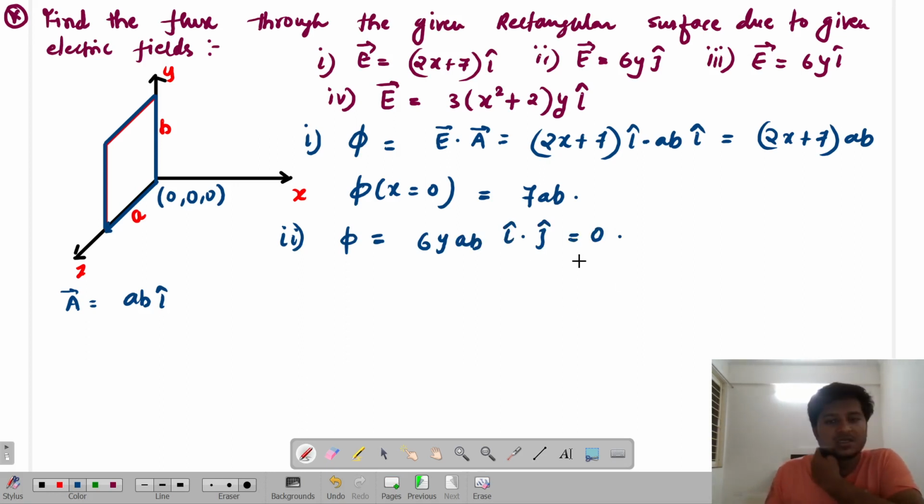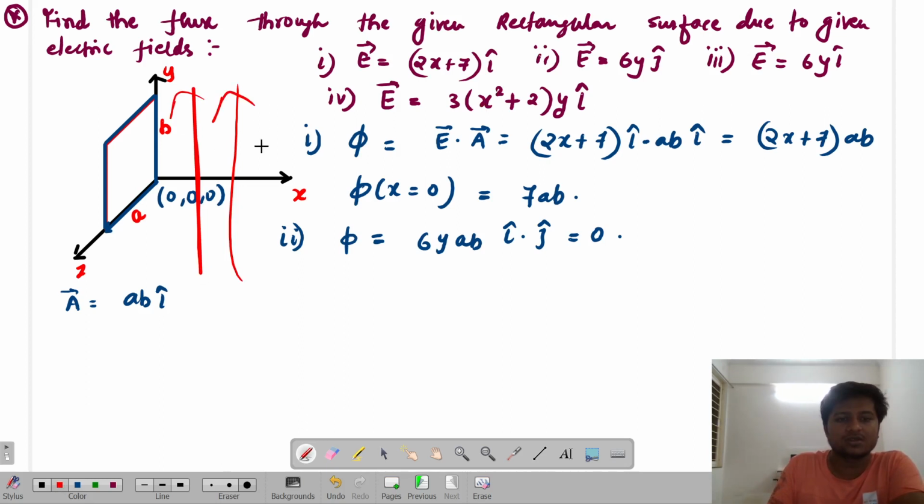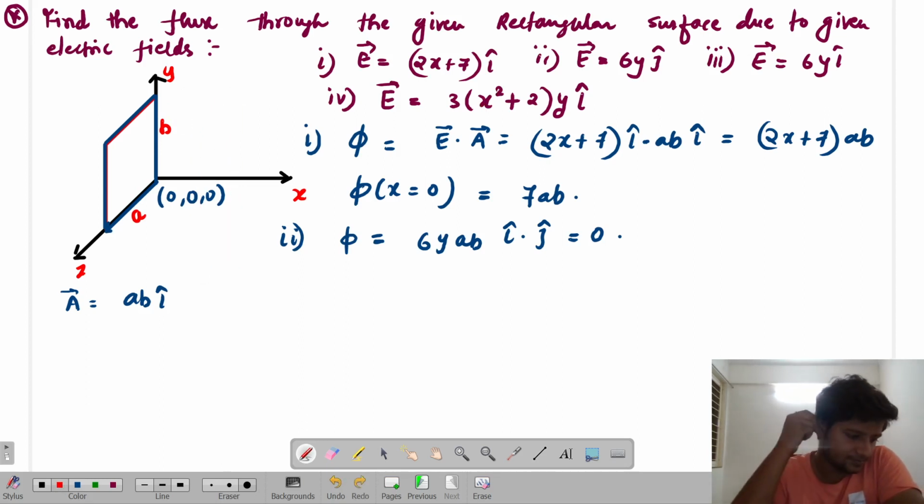So the flux is 0. And you can see the electric field 6y j cap is parallel to the surface, so the flux will be 0. Take. The next one is 6y i cap. Now that's an interesting case.